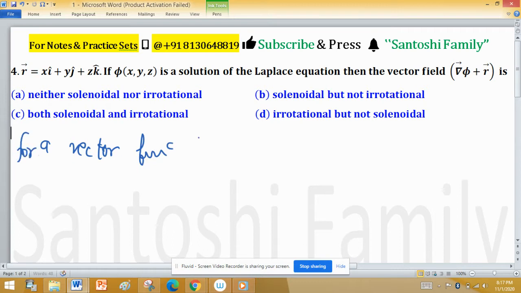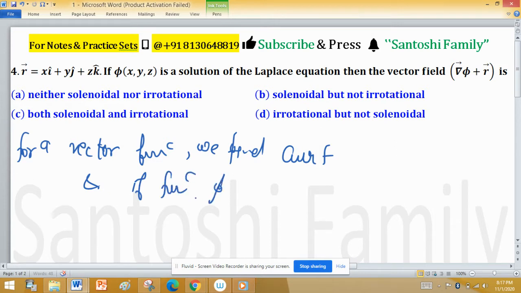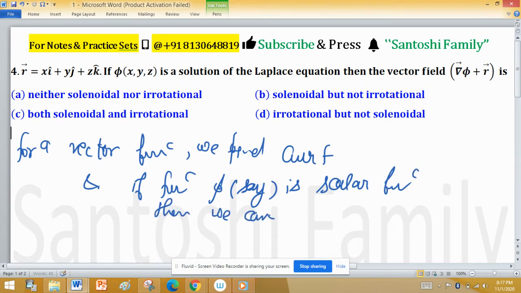For a vector function, we can find curl f, and if phi is a scalar function, then we can find gradient phi.